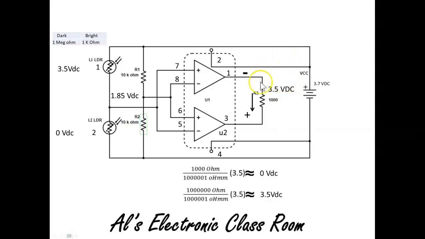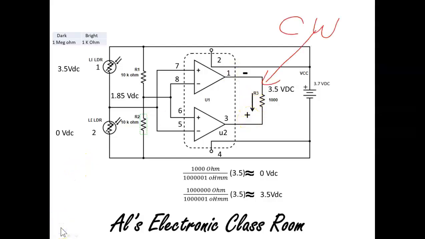Notice that the voltage across this resistor between the previous slide and this slide, the polarities have changed. So now current flow goes, excuse me, we use electron flow. Electron flow goes from pin 1 of this comparator, and the direction here is clockwise.